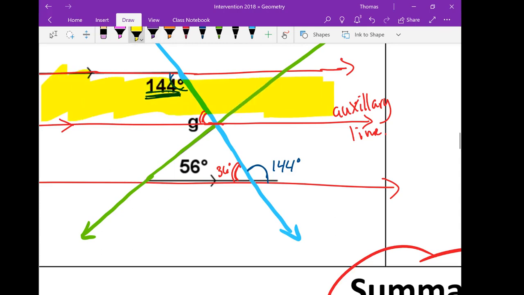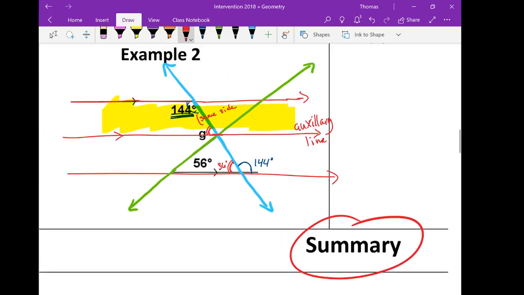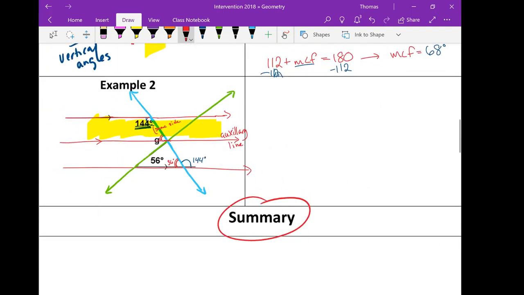This is kind of like one interior here. So those are same side, these 2, same side. That means they're supplementary. So if I'm going to write an equation for this, I'm going to make a note that we're using same side. So it's going to be 144 plus the measure of angle G gives us 180.